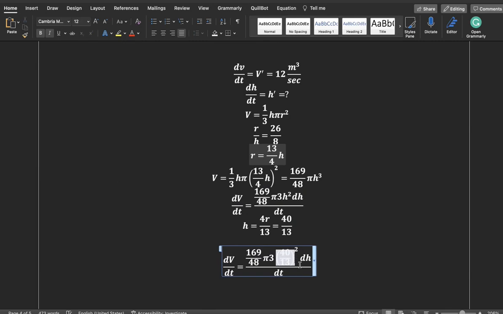We're not given dh over dt, but that's what we're trying to solve.